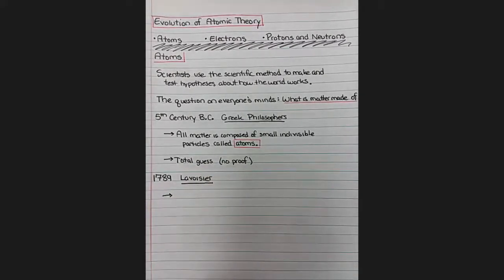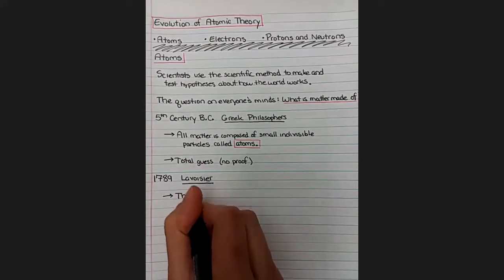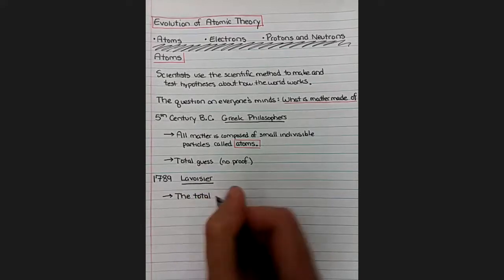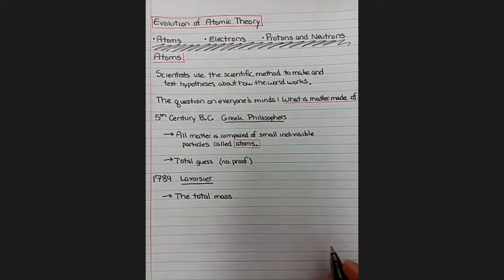Lavoisier studied mass and how the mass changed during a chemical reaction. He would do experiments inside of sealed containers, as well as they could do at the time, and watch how the total mass changed.